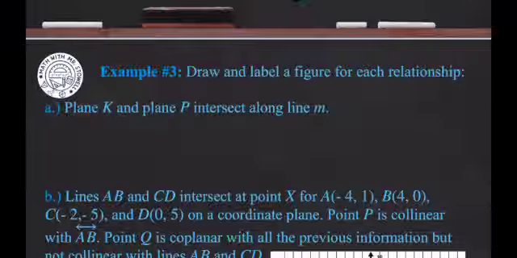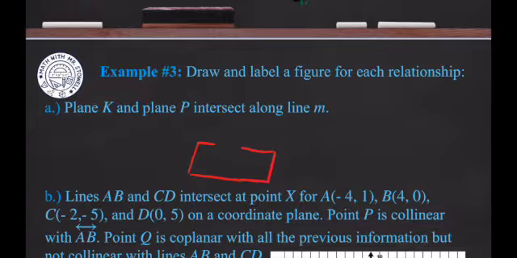We have plane K. Remember, we can use just one word to describe the whole plane, and we don't put a dot beside it. And plane P intersect along line M. That looks like what I just previously drew. So if we have this plane here, let's draw this plane over top.